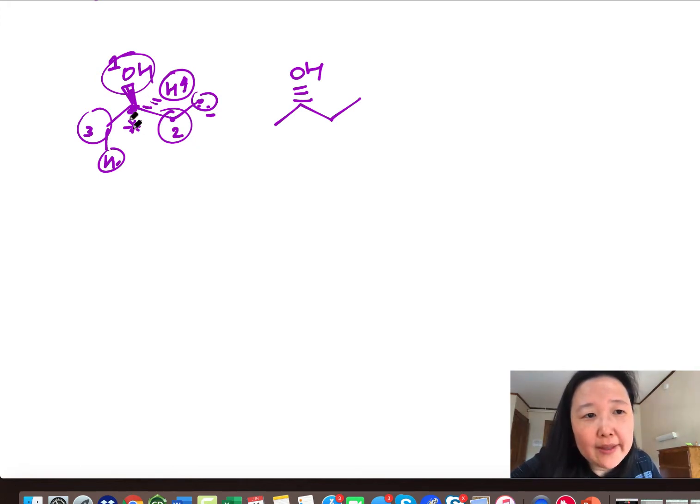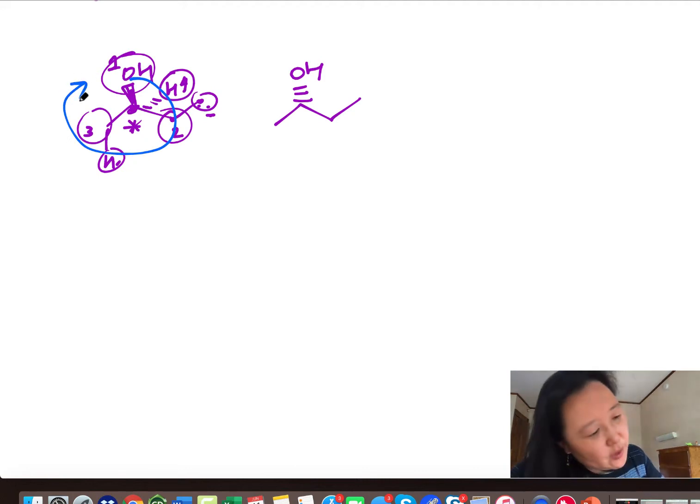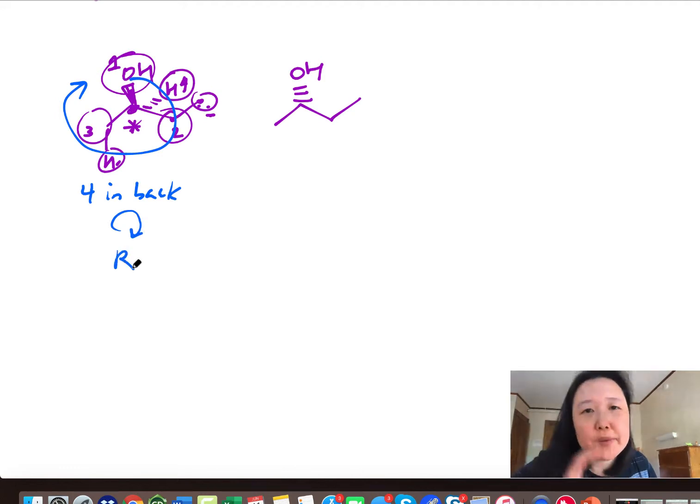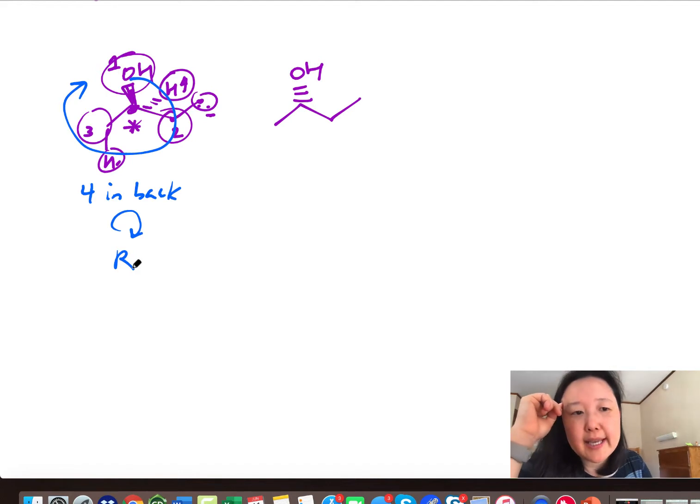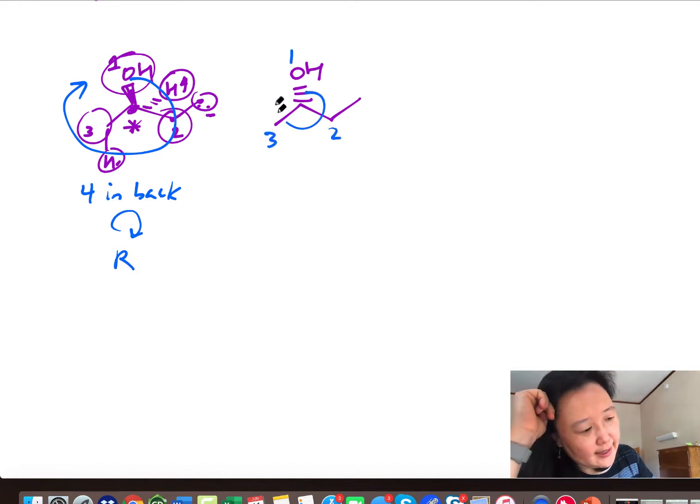So if I have this 1, 2, 3, I follow that around from 1 to 2 to 3. If 4 is in the back and you go clockwise, that's going to be R. So that's what I remember. And anything that's opposite of that is going to be S. So in this case, I have 1, 2, 3, like that.